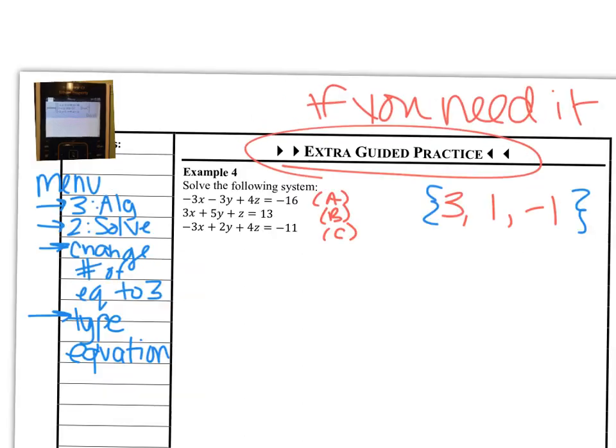Okay, so we're going to zoom in just a little bit on this. I'm looking at my coefficients, and let's see, we've got -3, +3, -3. That's looking good so far for these x's. My y's are -3, +5, and +2. They're not the same. The thing that looks good is that for the x's they are the same number, opposite signs.